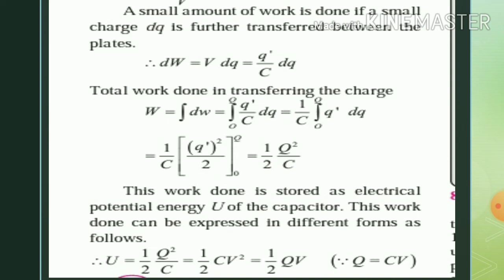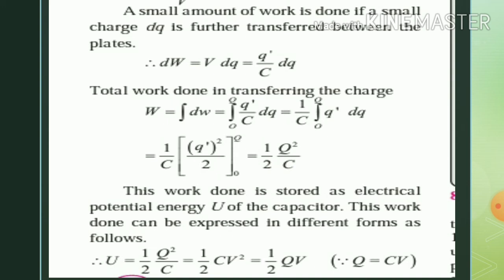In this equation we can obtain the work done in storing as electrical potential energy U of the condenser or capacitor.